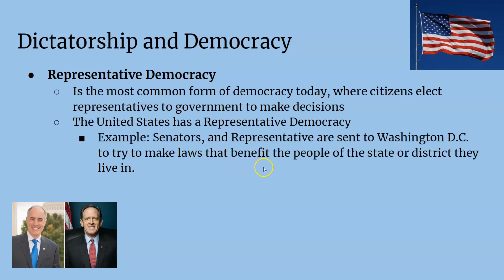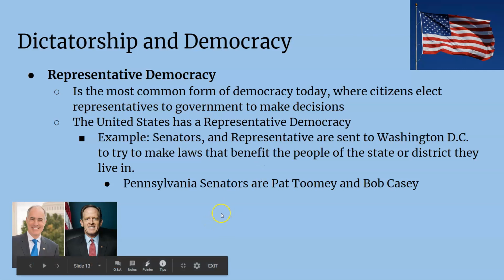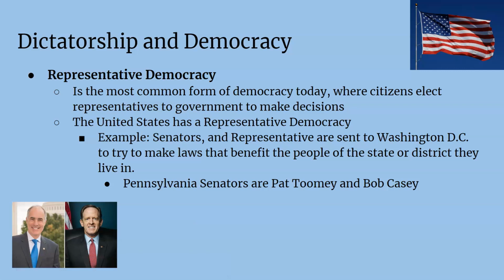We have senators and representatives that we send to Washington, D.C. to make laws that benefit us, the people that voted for them. Our senators are Pat Toomey and Bob Casey. We elected them to represent us as Pennsylvanians and our interests as Pennsylvanians.